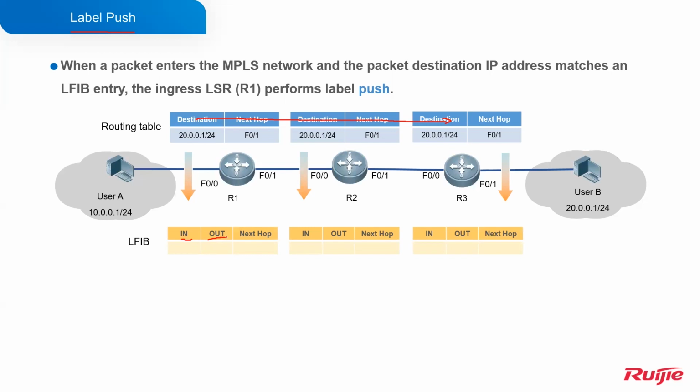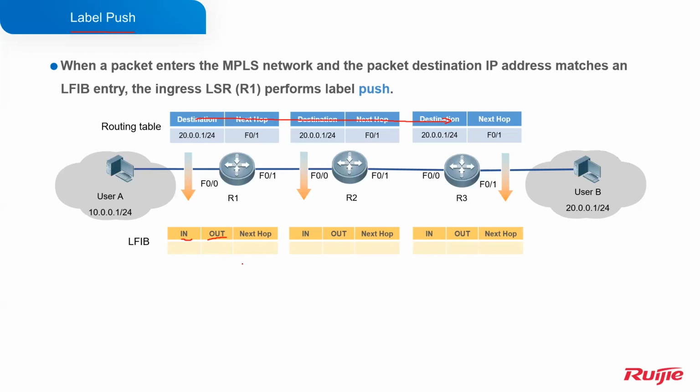Then we will take the outer label to encapsulate the packets, and this is a function. Who will distribute the outer label? My downstream router, my neighbor. For example, neighbor 2 will take the in label into the LDP packets and send it to my neighbor route 1, and route 1 will take the label to become the out label.